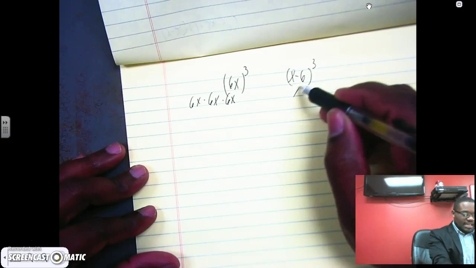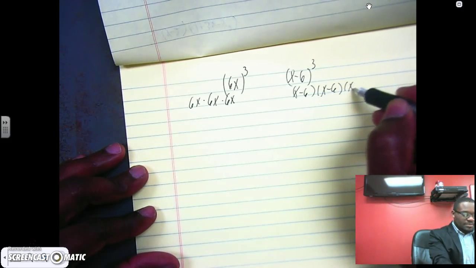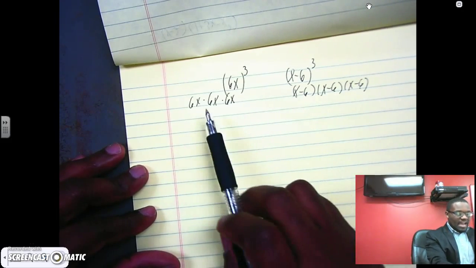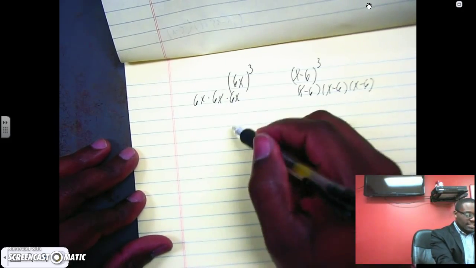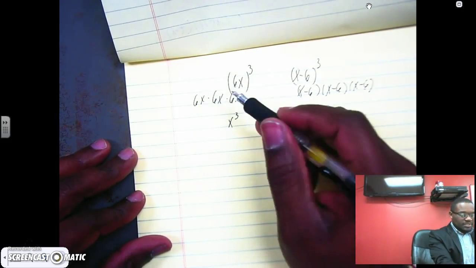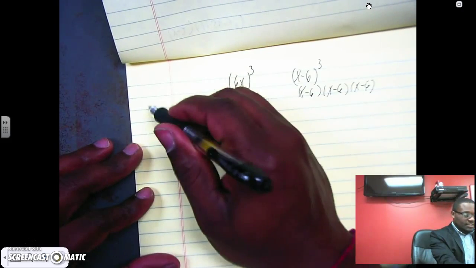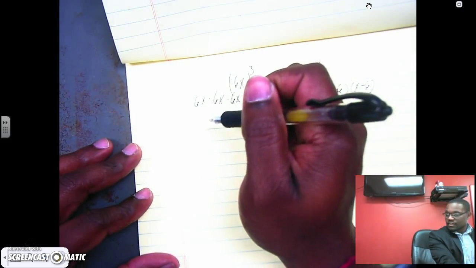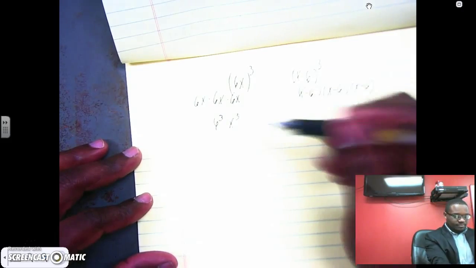This actually means x minus 6 times x minus 6 times x minus 6. But we have different properties that can help us here. I have 3 x's, so that's x cubed. 6 times 6 times 6, I don't know what that is. 6 times 6 is 36. And whatever 36 times 6 is, because I'm trying to hurry up, I don't know. But anyway, we'll just say 6 cubed for right now.